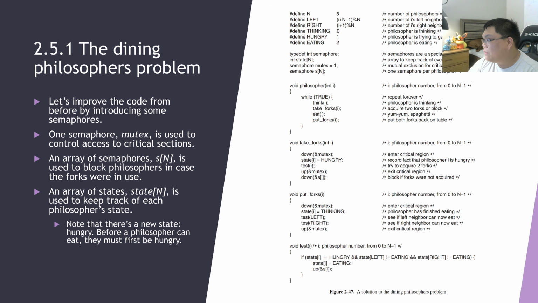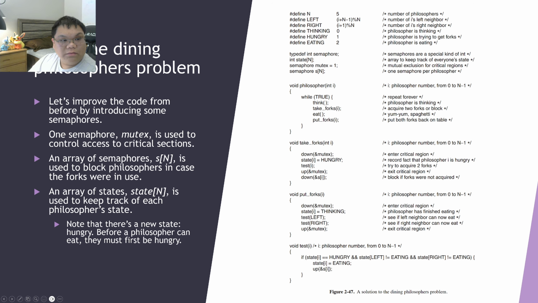So here's a more involved solution. We introduce semaphores into our solution. We have a semaphore, mutex, that is used to control access to the critical section. And we have a critical section. That is the part of the code where we take forks and put down forks. We have also an array of semaphores.